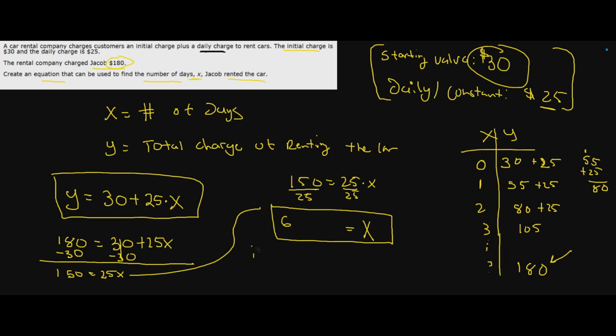It means it took 6 days for Jacob to be charged $180. If you were to fill out the table, if you don't believe me, do it all the way until you get to 6, and you'll notice it will be $180. So he rented the vehicle for 6 days.